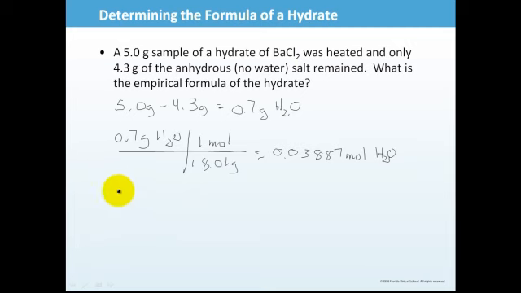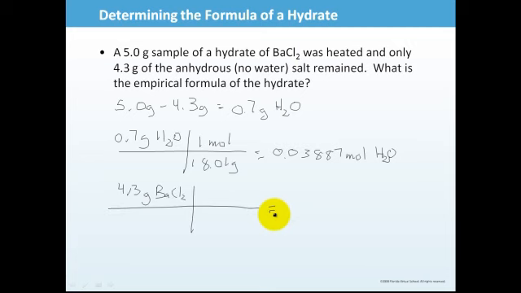Now we need to do it for the barium chloride. Okay, so we were left with 4.3 grams of the barium chloride. And again, we need the molar mass. So we're going to go to our periodic table.